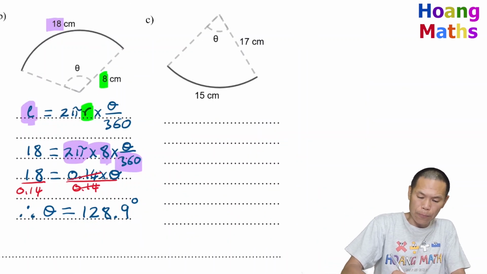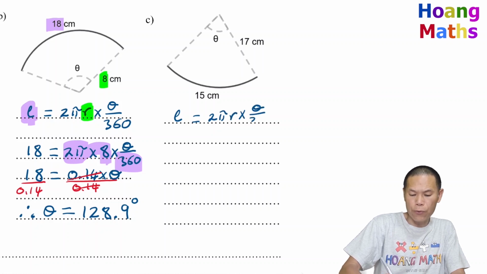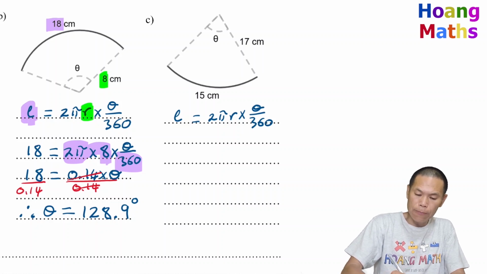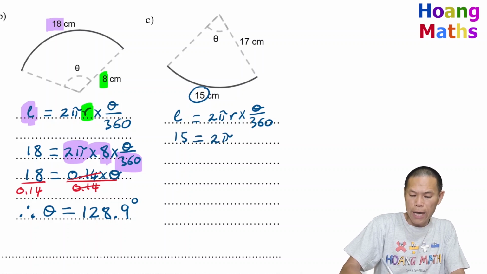So we know that L is 2 pi r times theta out of 360 degrees. And the radius is 17 and L is 15. So 15 is L, 2 pi times the radius, which is 17. This 17 here is a radius.